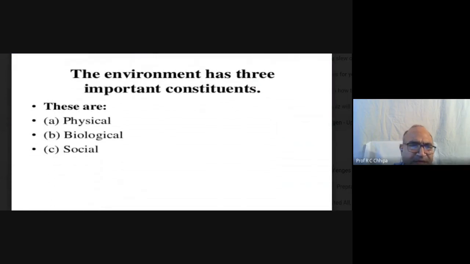So we have to see another three important constituents, based on what is available. The biological part is available on the earth. There are different plants and different animals, and then there is the social structure; man has a social structure. Similarly, different animals also have social structures.